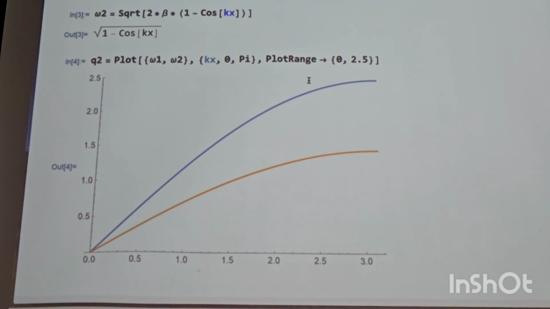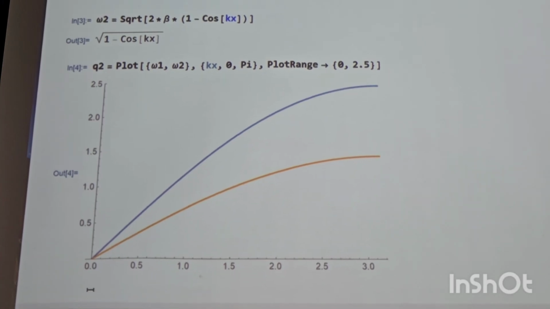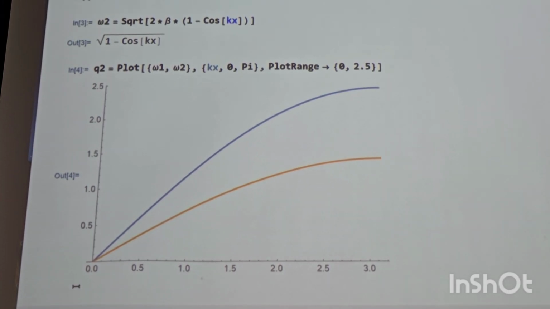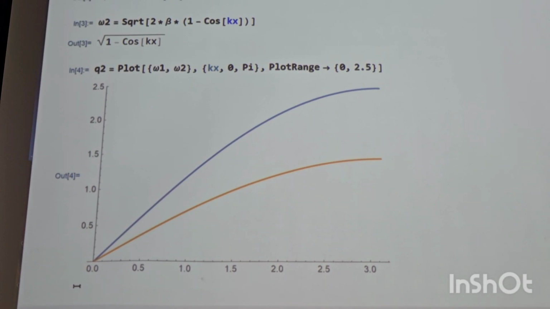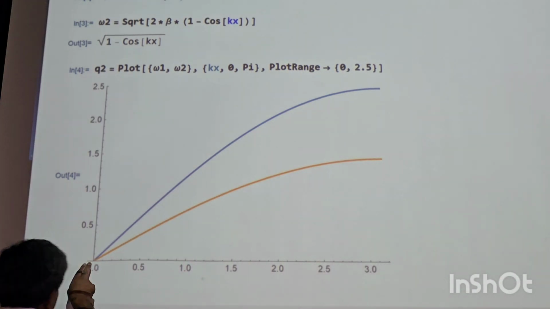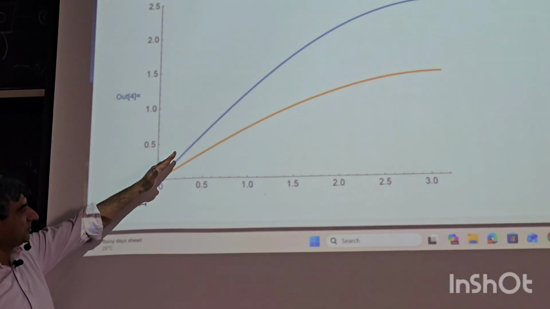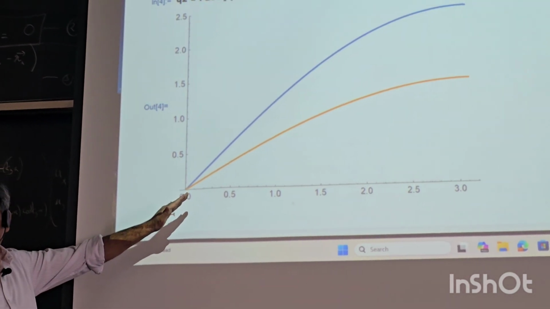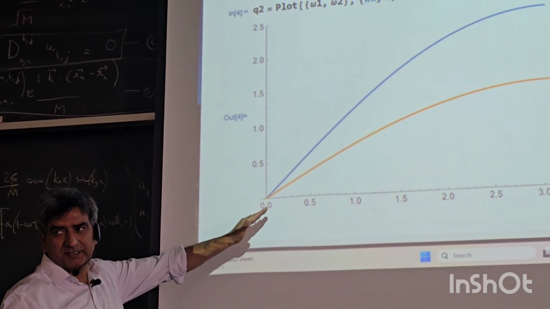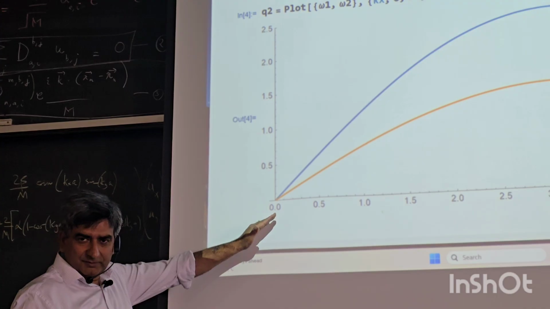So these are acoustic branches. Both of them start at omega equals 0. Their slope specifies the speed of sound inside the medium.